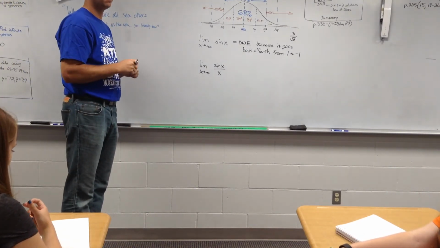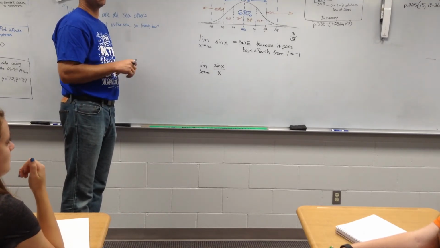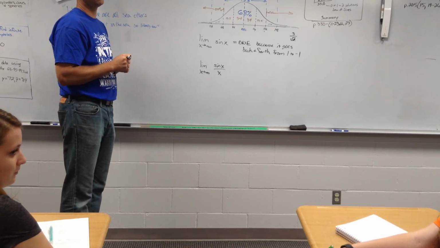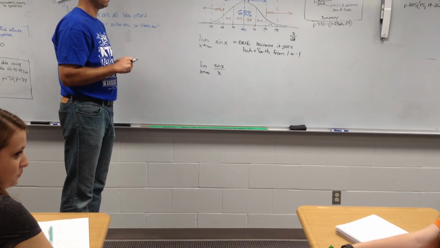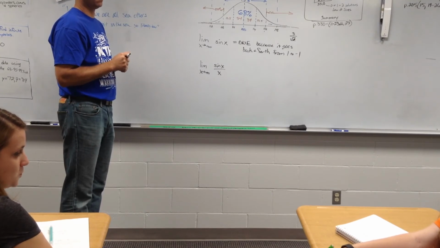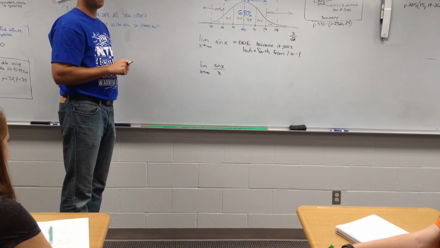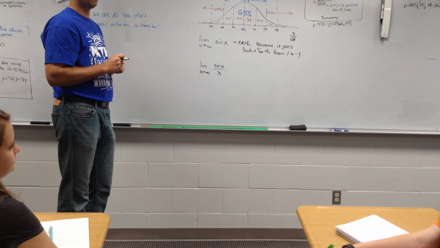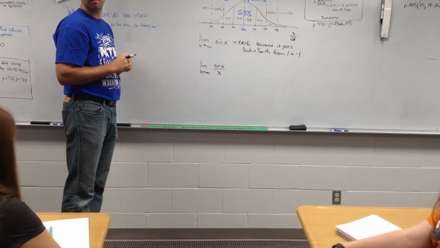Because sine x is oscillating back and forth, so it has a constant-ish number, and since it's over x, x keeps getting higher and higher, and because of that, it's going to get closer and closer to 0. How could you verify that algebraically? I'd probably try doing it the way that we did.